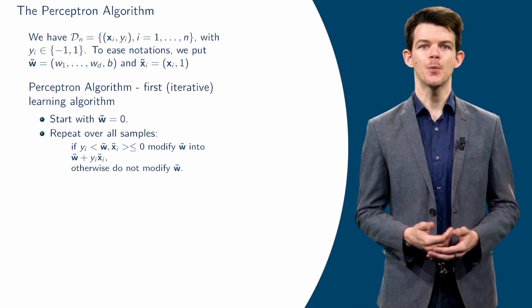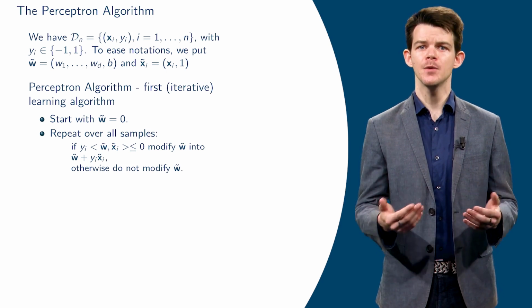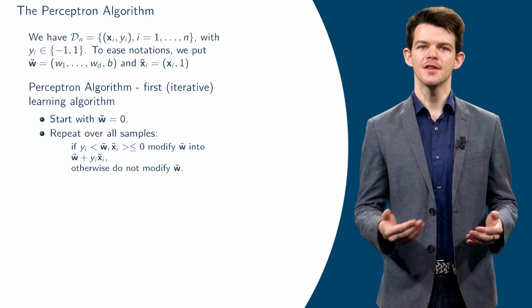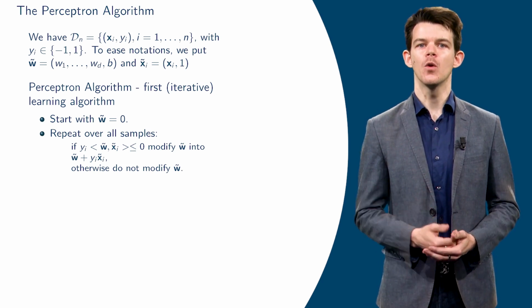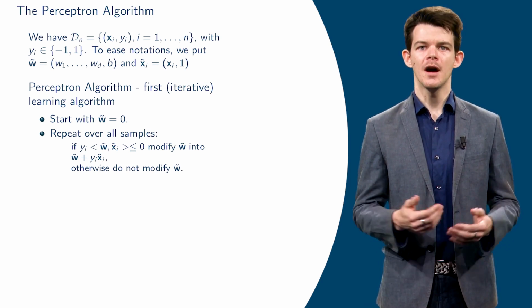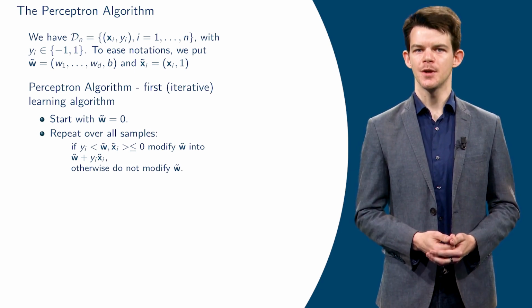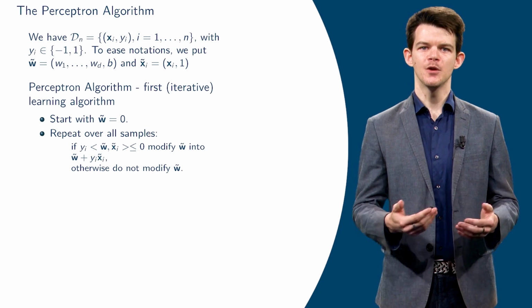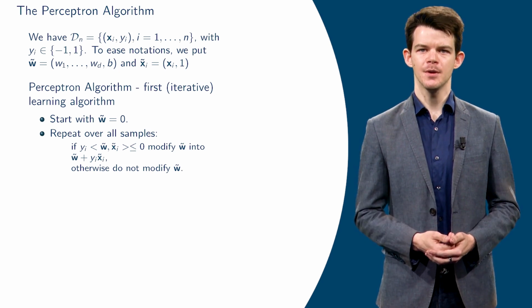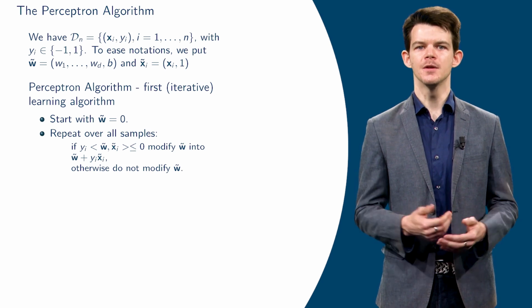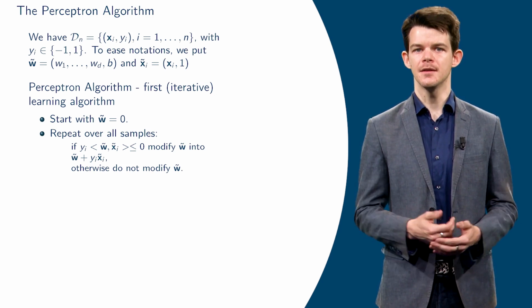In this case, the prediction is 1, but the true value is -1, so the prediction is incorrect. We can show the same thing if we assume yi equal 1. Therefore, yi times W tilde xi tilde negative is equivalent to an incorrect prediction. So we want to modify the weights and the bias of the perceptron if we find an example which is incorrectly classified, which is equivalent to yi W tilde xi tilde negative.